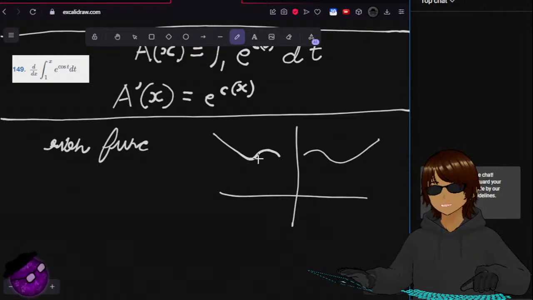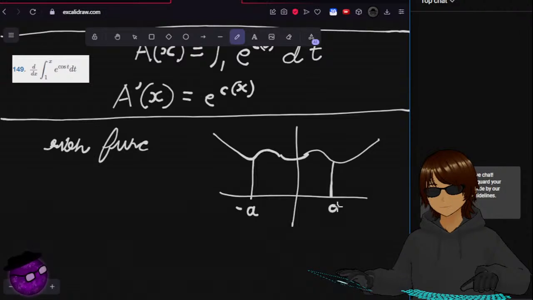Yeah, never mind. If you want to find the area over here, all of this, the total area would be like the area of this side times 2. So the area from minus a to a would be the area from 0 to a times 2.